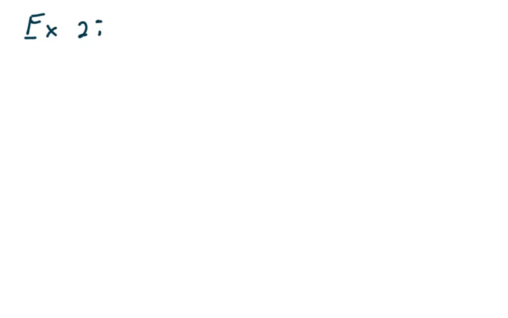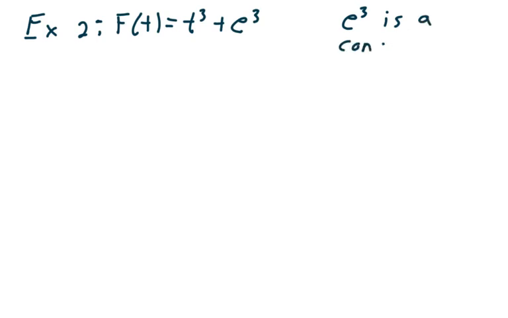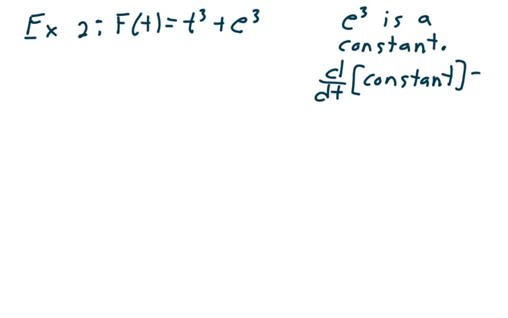Let's go ahead and take a look at example 2. We'll start using numerical ways to distinguish these examples. So suppose I had f of t is equal to t cubed plus e to the third. Be very careful. E to the third is a constant. And remember that the derivative with respect to t of a constant is equal to 0.